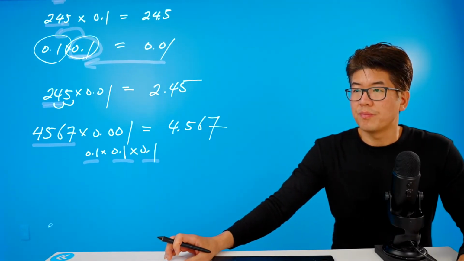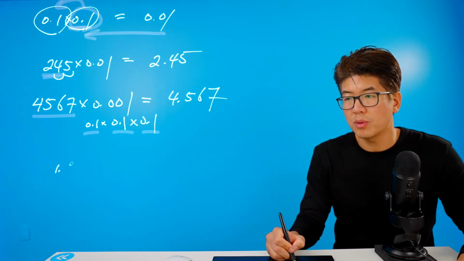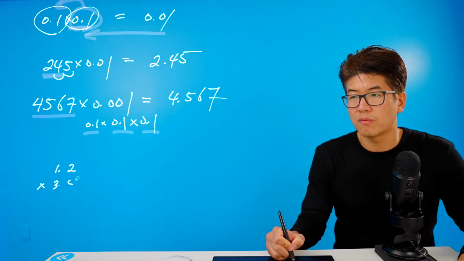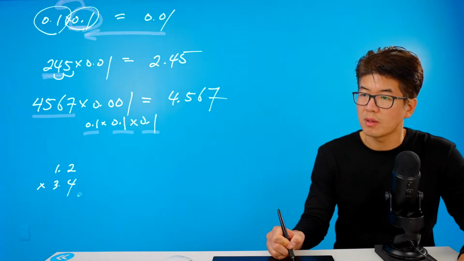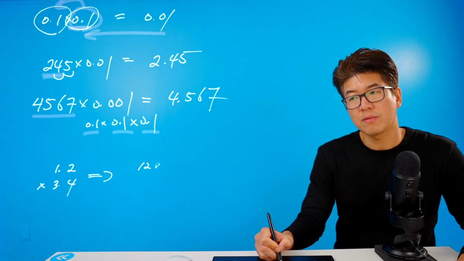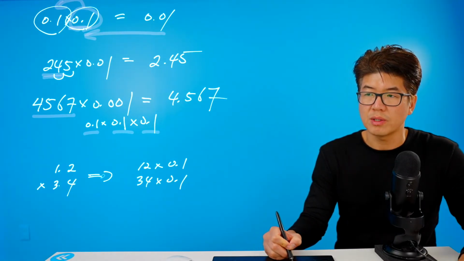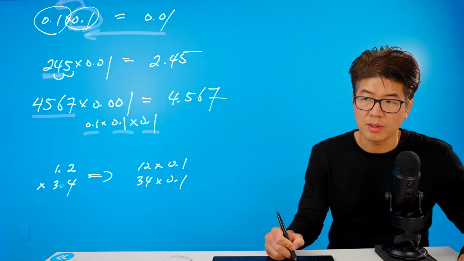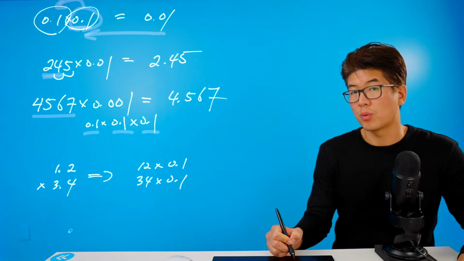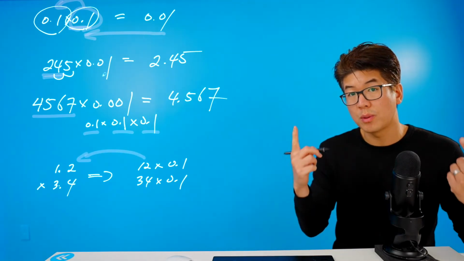All right, we did a lot of 0.1. So what if you had 1.2 times 3.4? How do we multiply this? Well, this is the same thing as 12 times 0.1 and 34 times 0.1. So you can lose that one decimal place and separate that 0.1 out. Note that if I multiply this, I get this. That's exactly what we've been doing above.